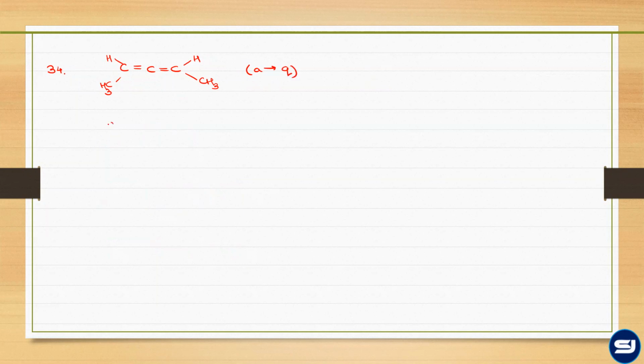Second one is the amine and it's a secondary amine, so it can show metamerism. Because for metamerism there should be a polyvalent functional group with the number of carbons on either side different.